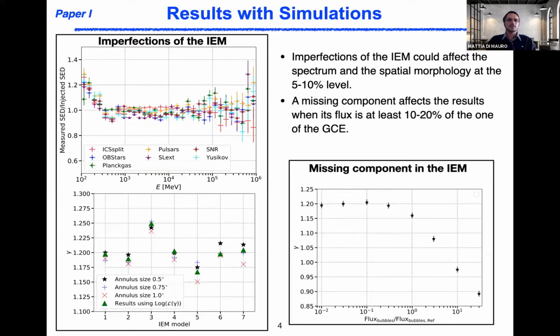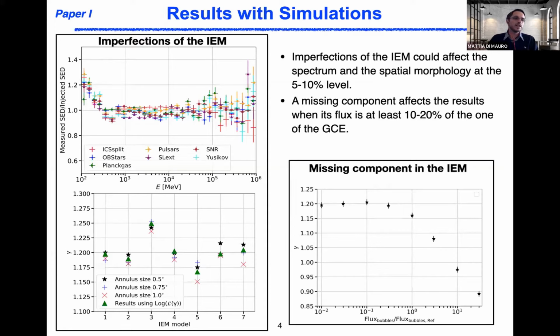But there is another possible scenario, where we are missing a component in our background model. For example, you might not model the Fermi bubbles properly. We tested this scenario by not using the inner part, the part closer to the galactic center, for the Fermi bubbles. Then we increased the flux of the Fermi bubbles and checked how well gamma is reconstructed.